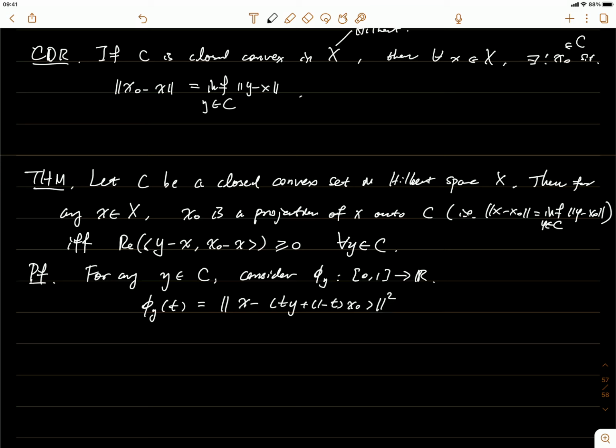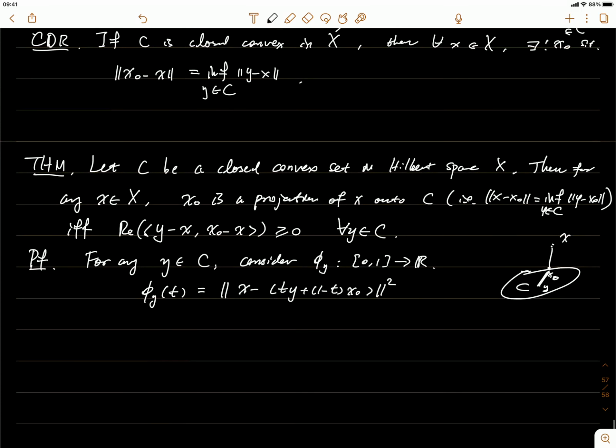Remember that this is C. Sorry, this is the x, and the projection is x0 here. Then you have a y, which is some arbitrary point in C. Then for every given y in C, I'm going to define this phi y of t as x minus the convex combination between x0 and y.